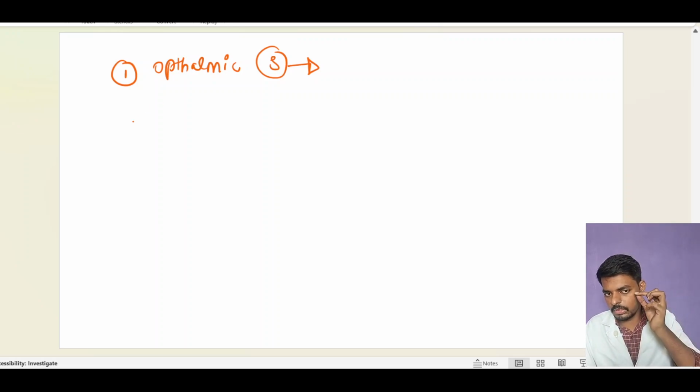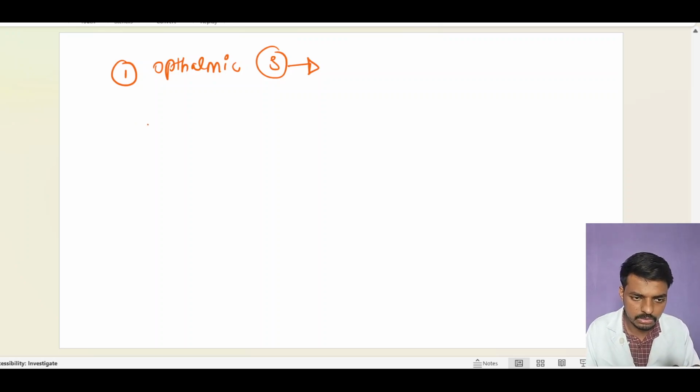When we touch this part, it closes the eye. So which nerve takes part in the blinking reflex, that is the corneal blinking reflex? You can say the trigeminal nerve as an answer.